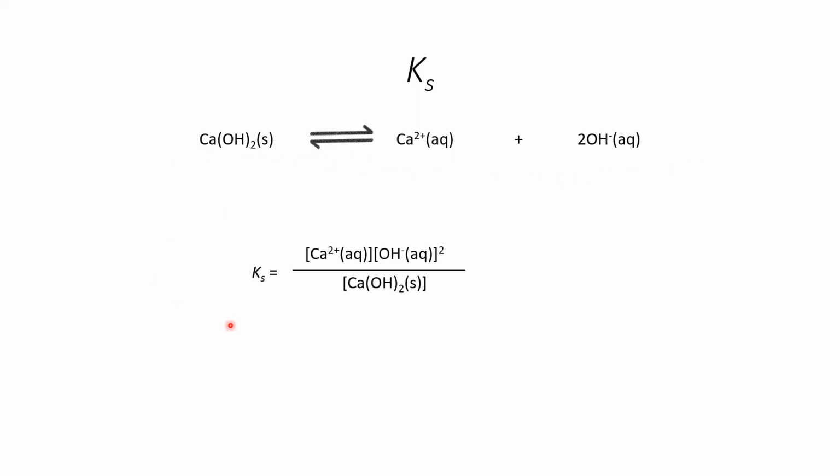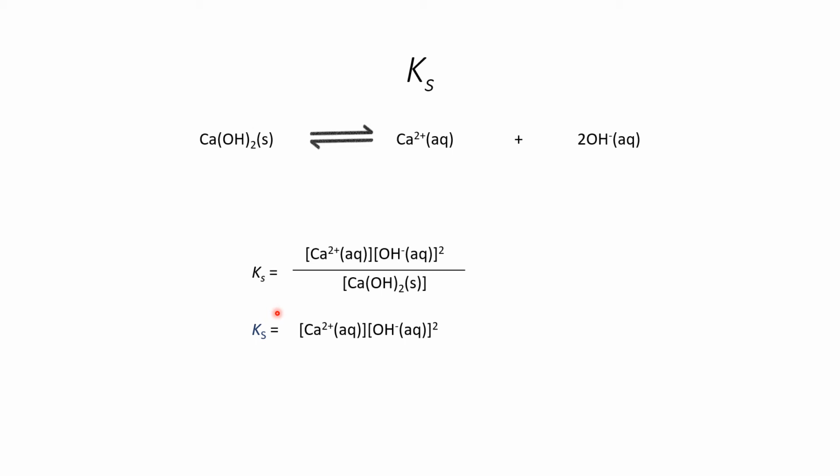And the equation for that looks like what you see here. Concentration of calcium times concentration of hydroxide squared over concentration of calcium hydroxide. However, once again, we do not include the concentration of the solid in our reaction. Doesn't exist. So we end up with this K sub S equation.